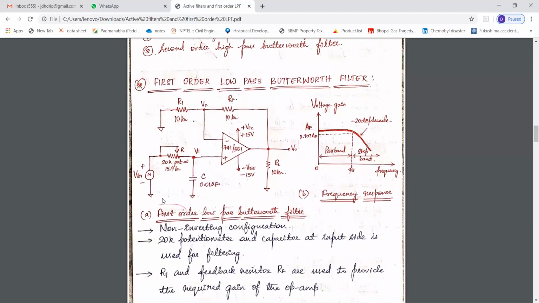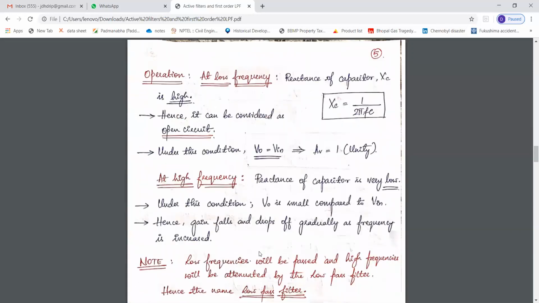So whatever the signal V in is given, it appears at the output voltage V naught. So V naught is equal to V in, which implies the gain, given by output voltage by input voltage, will be equal to 1.